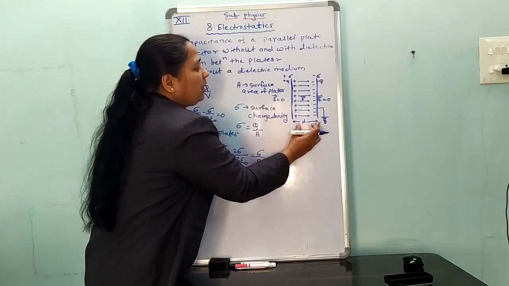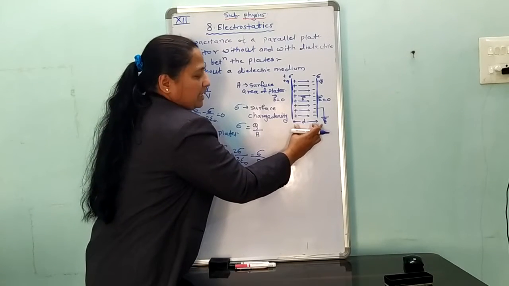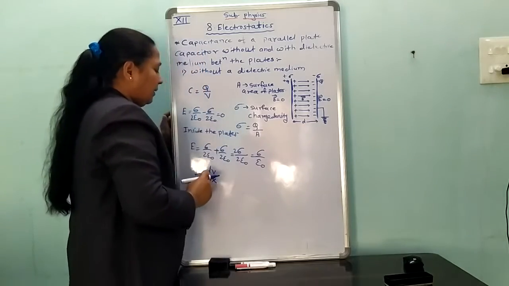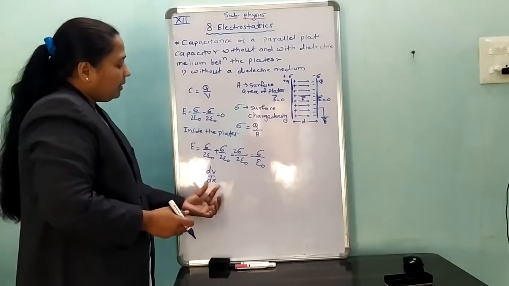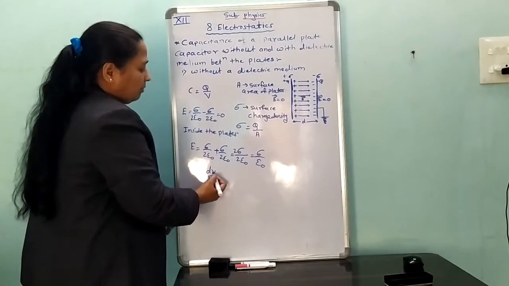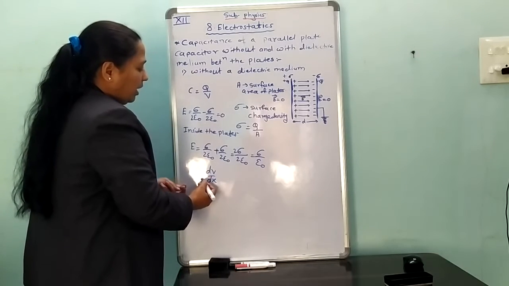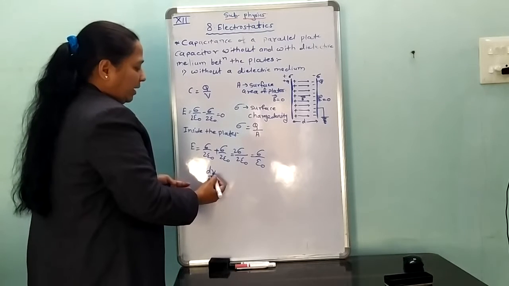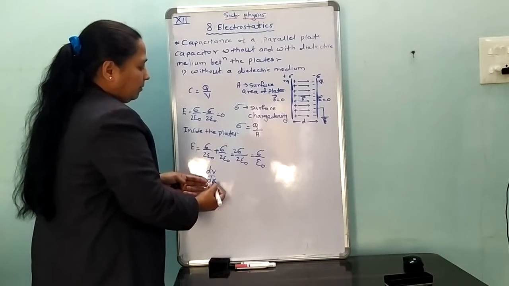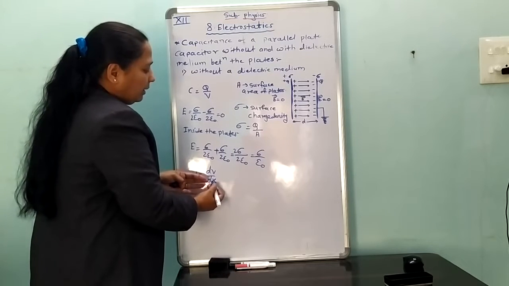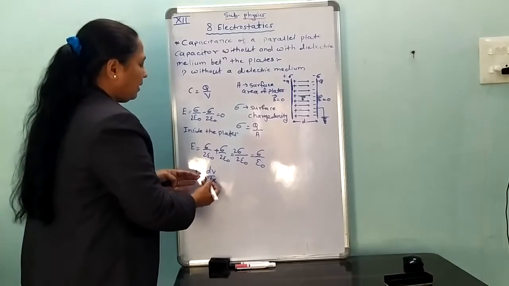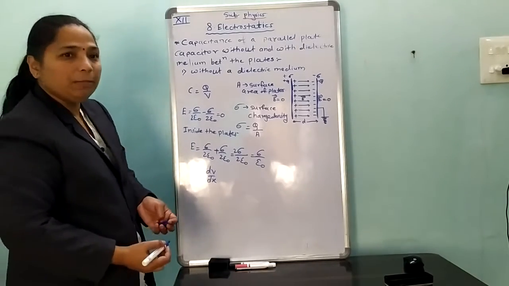If the separation between the two plates is increased, dx increases, which means the potential gradient decreases. Therefore, the electric field intensity decreases as the distance increases.